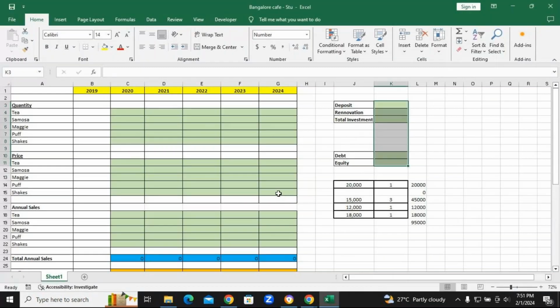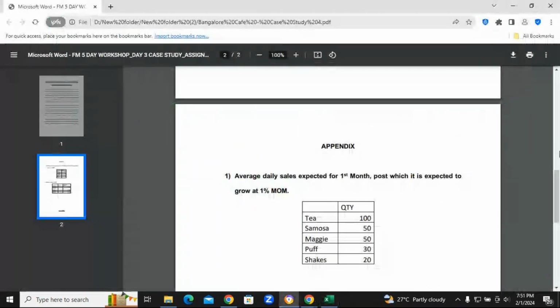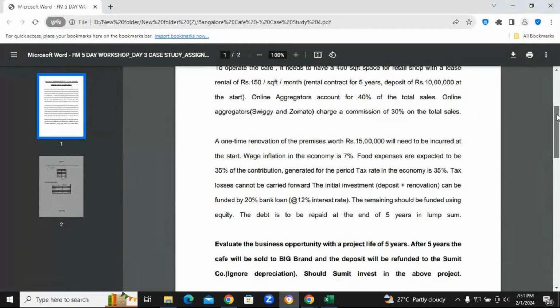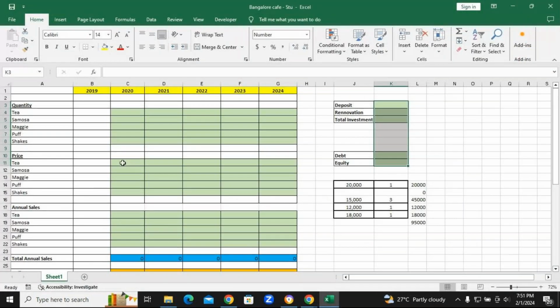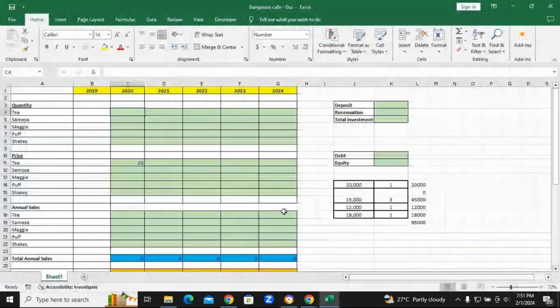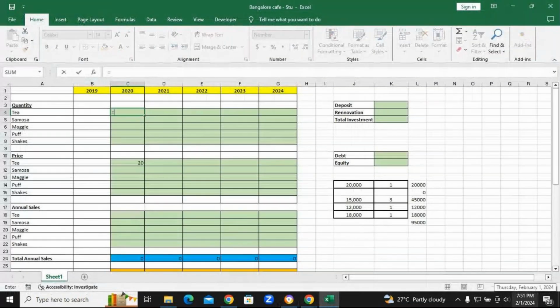When I am applying, I will show it for one item. For tea I am telling 20 rupees, so I just put 20 here. And here they are telling the sales that are expected: 100 tea they want to sell per day. So it will be 100 into 365 days.